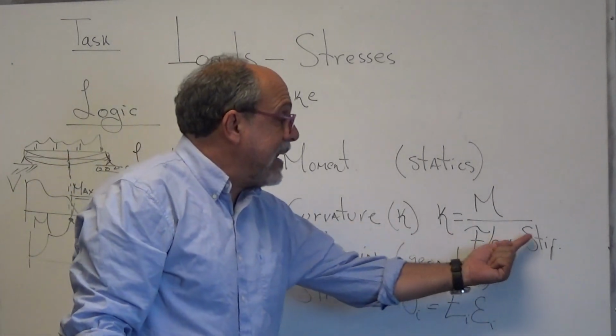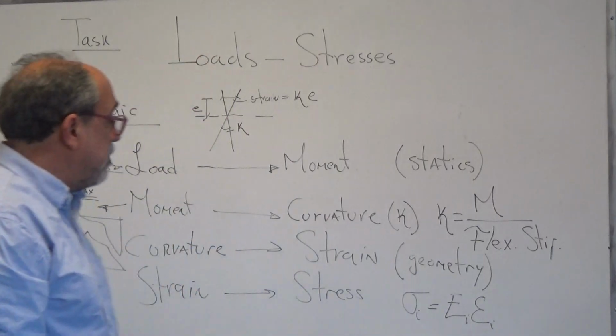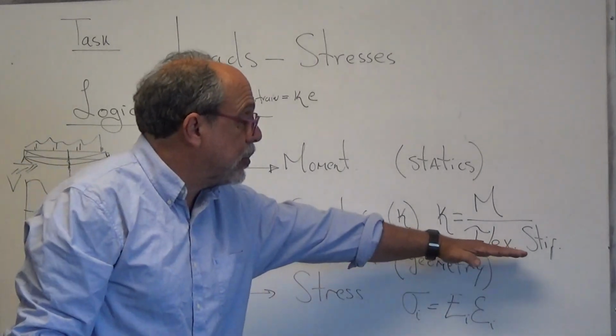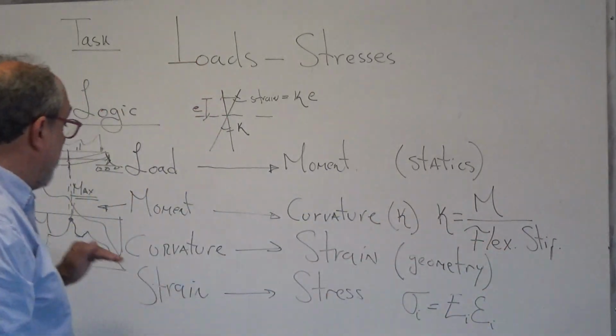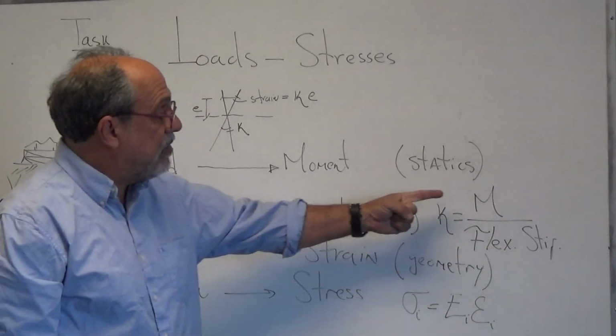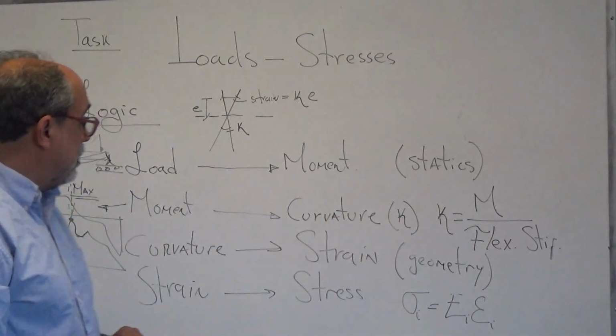You don't know right now how to calculate the flexural stiffness for something that has more than one material, but I am about to tell you how that is done. Once we know how to calculate the flexural stiffness, it is a simple matter of dividing the moment by the flexural stiffness to give us the curvature.